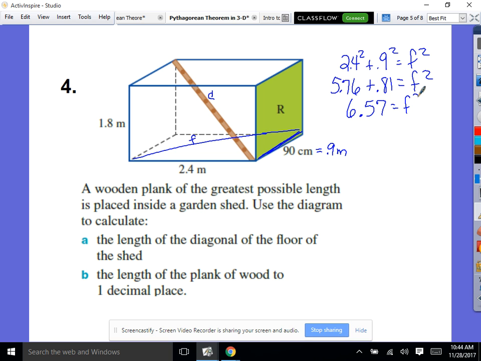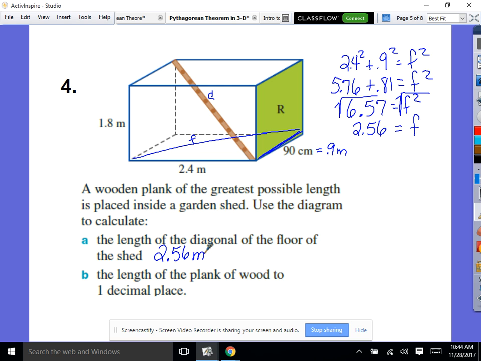So F squared equals 6.57, which means we do have to take the square root of this at this time because they want to know the length of that. So the square root of 6.57 is equal to 2.56. So the length of the diagonal of the floor would be 2.56 meters.